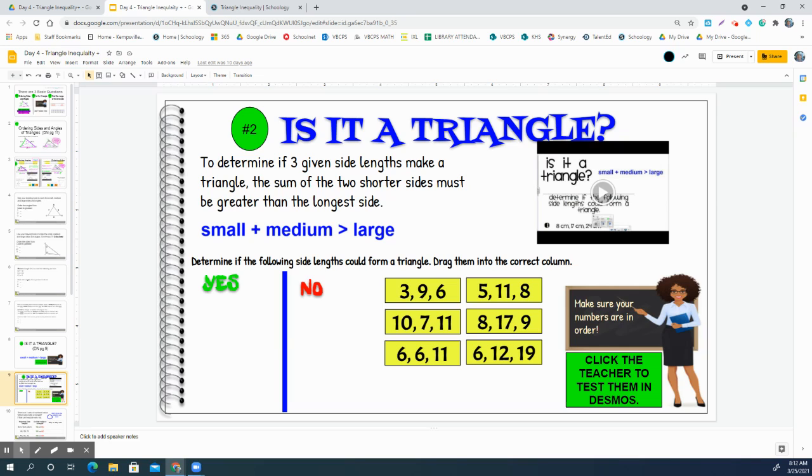So if you're in the Google Slides, you can drag them. If you're in the Pear Deck, you won't be able to move them. Just put a check or an X. Oh, there's no writing on it? Then just do it on a side sheet of paper. I'm sorry, guys.